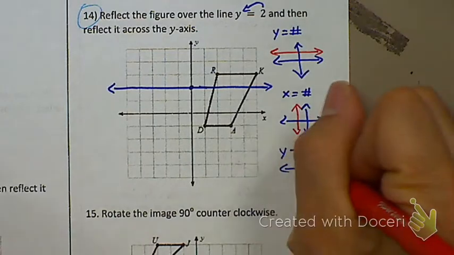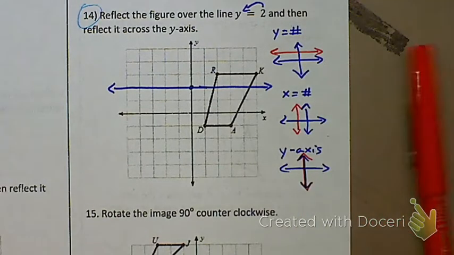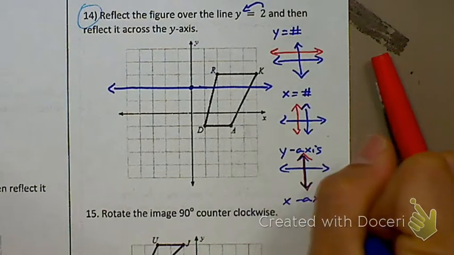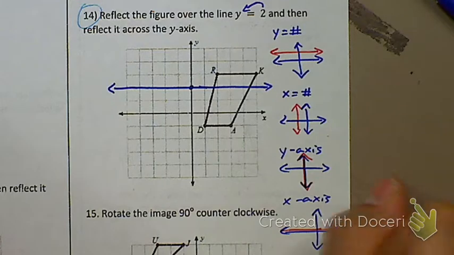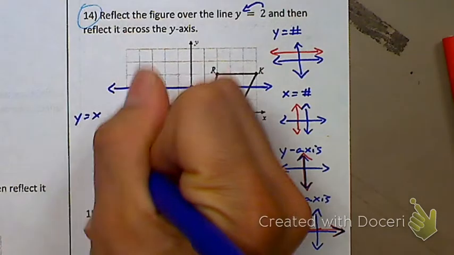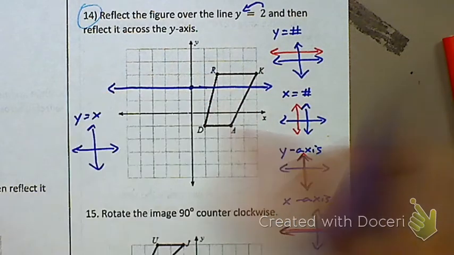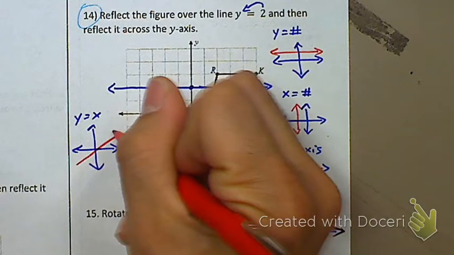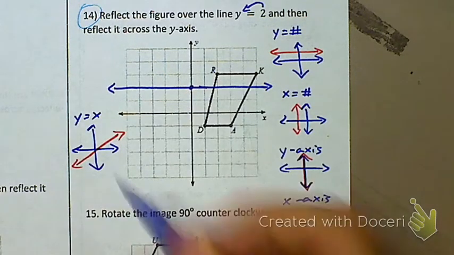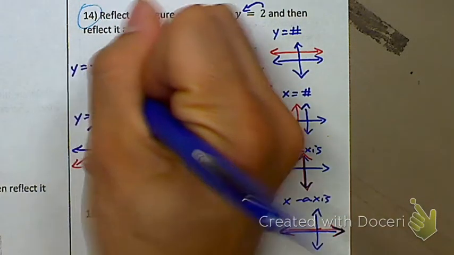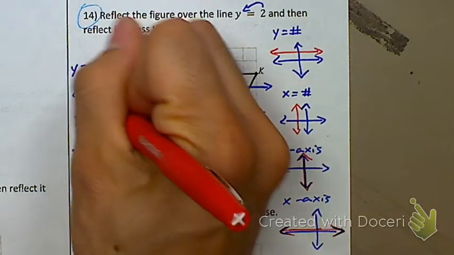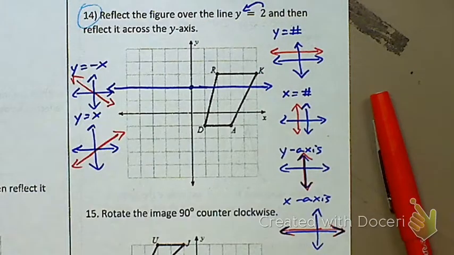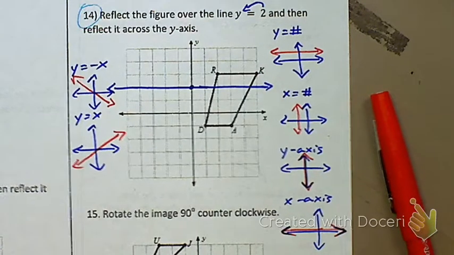You can kind of see it. X-axis. That one there. Y equals x. Positive slope of 1/1. Y equals negative x. A negative slope of 1/1. Okay.